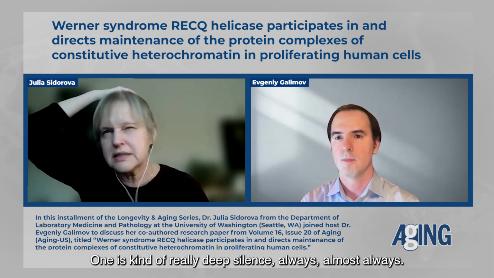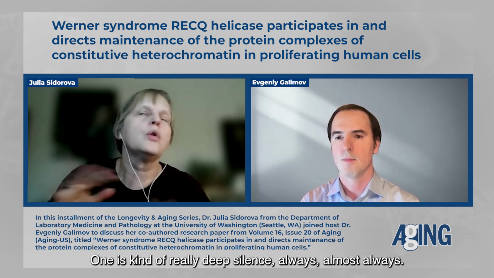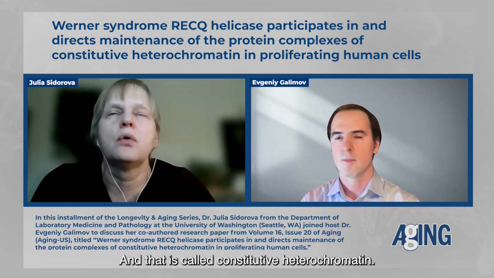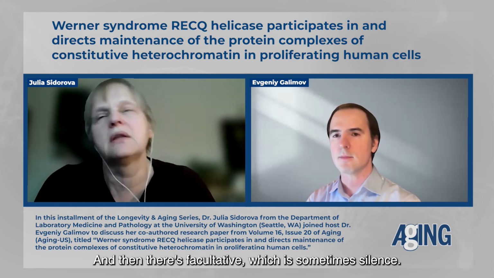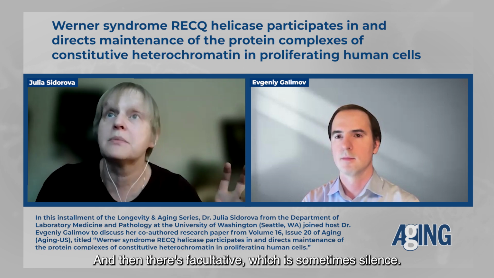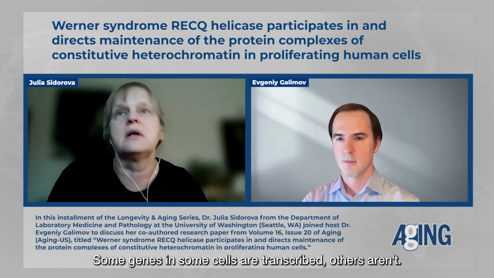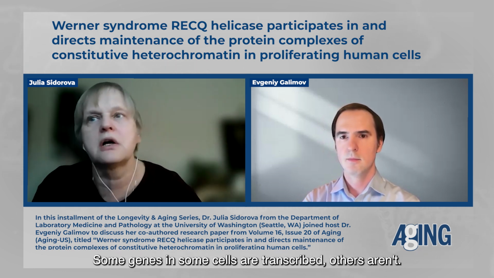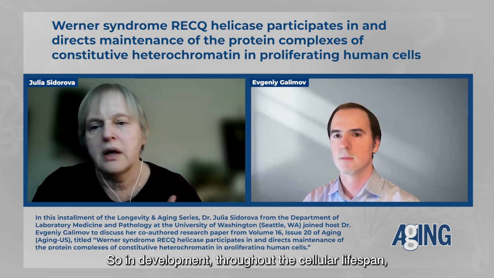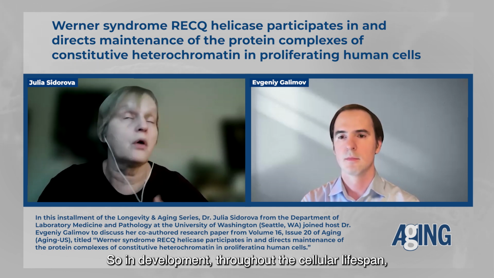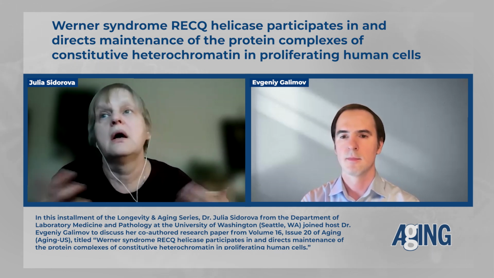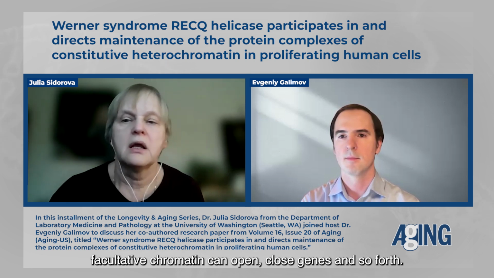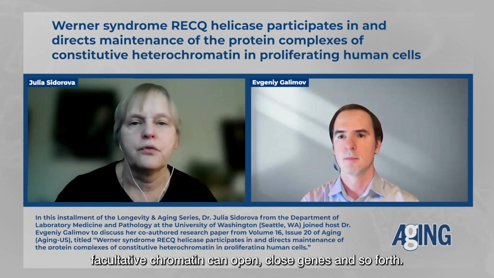One is really deep silence, almost always, and that is called constitutive heterochromatin. And then there's facultative, which is sometimes silent. Some genes in some cells are transcribed, others aren't. In development, throughout the cellular lifespan, facultative chromatin can open, close genes, and so forth.